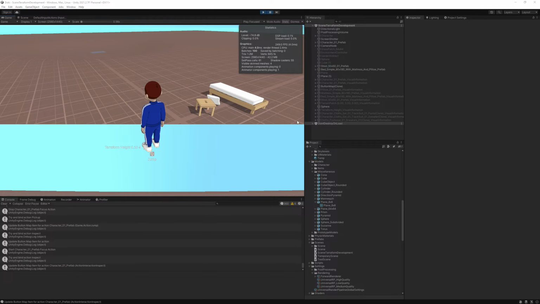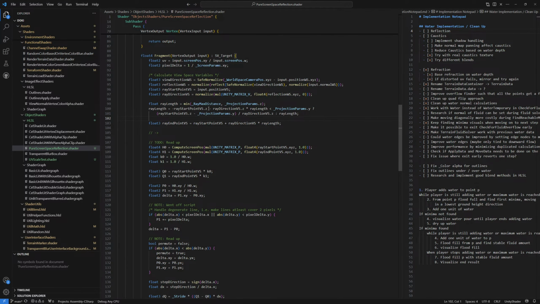Which gives us this, which is wrong. So if we move away from the camera, this is how it should be. Okay, good. And then we do ray length, and then we want negative here as well. Or do we? Let's see here. Or I guess we could just do negative here.